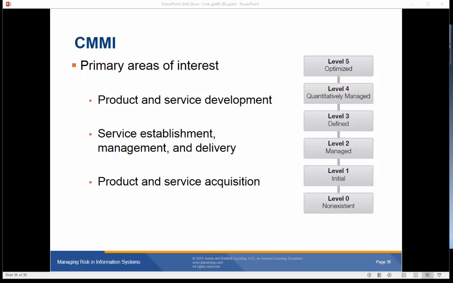Level 5, optimized. The organization has formal security processes in place throughout the organization. It monitors security on a continuous basis. Its focus is on process improvement. Level 5 shows the highest level of maturity. So that's where you want to be.